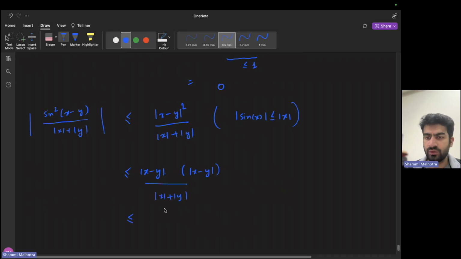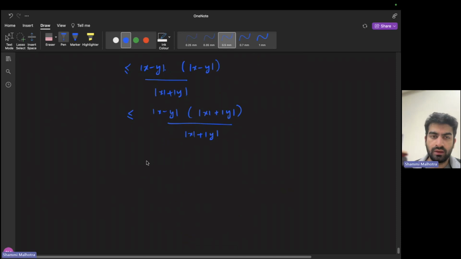And again I can use the triangle inequality, so this will be mod x plus mod y whole divided by mod x plus mod y, which is just mod of (x minus y) times 1. And now this again can be bounded by mod x plus mod y, which is the square root of x square plus y square plus the square root of y square plus x square, and this is less than twice delta.